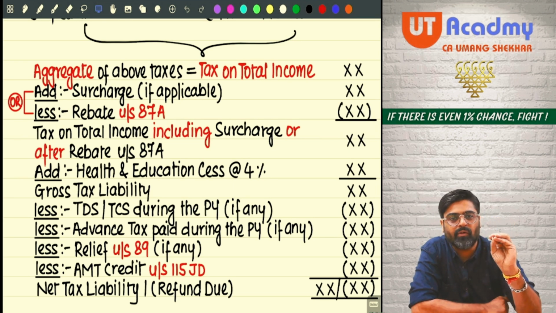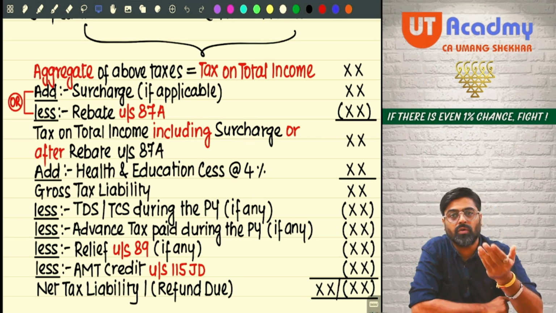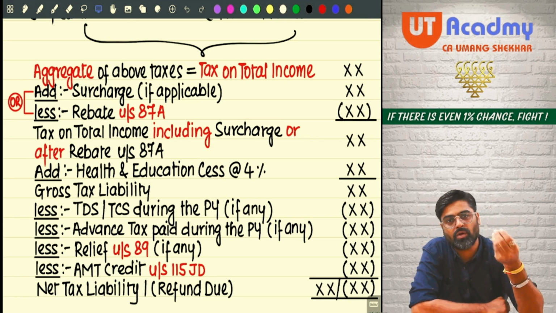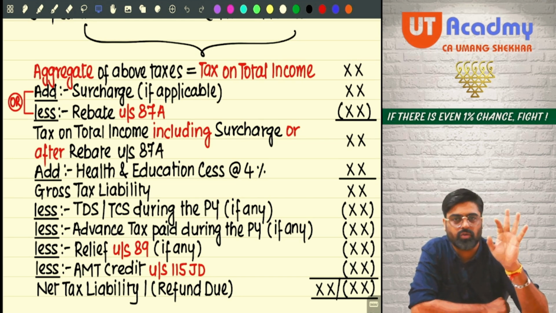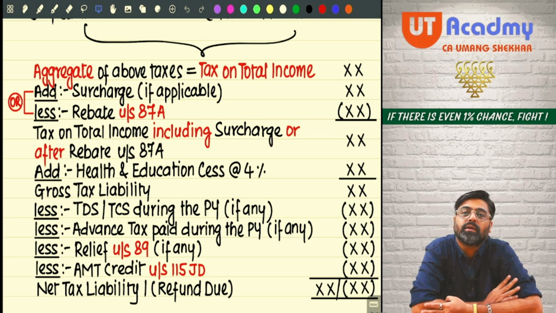So after adding the 4% health and education cess, what you will get, friends, is the gross tax liability. This is the total tax which you are supposed to pay on your total income, including surcharge, after rebate, plus the health and education cess. But from this tax, you are supposed to get credit for the taxes which you have already paid during the previous year, that is, credit for prepaid taxes.